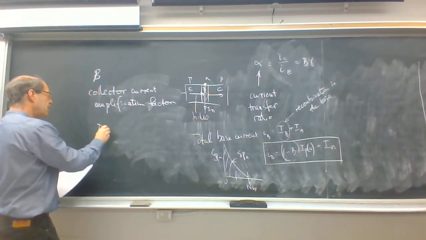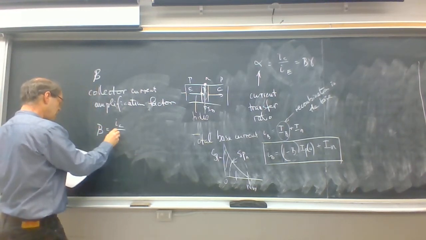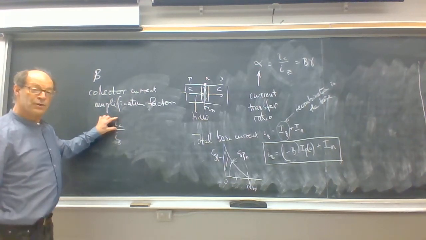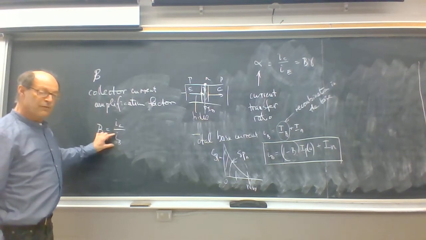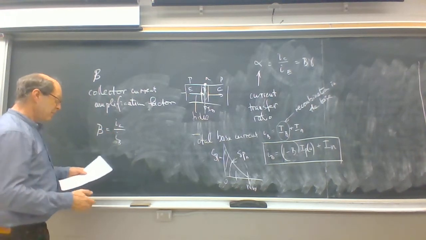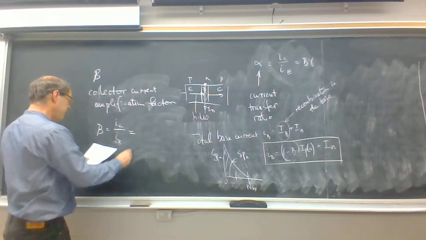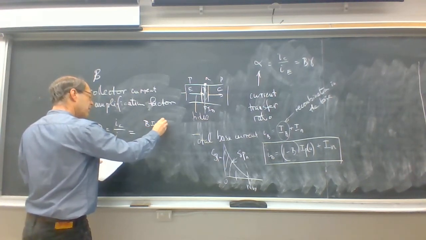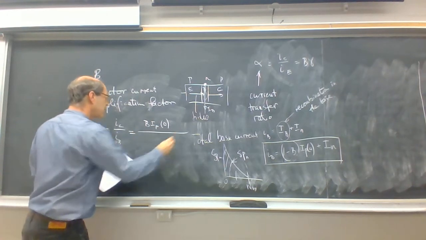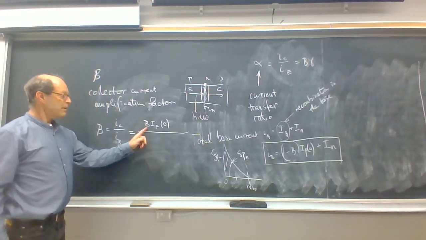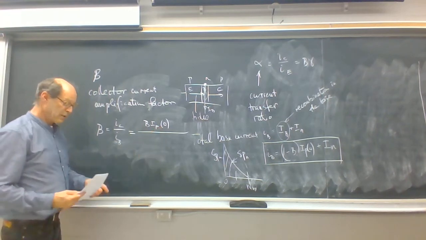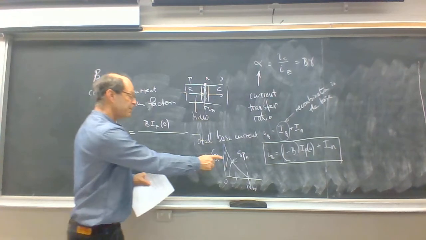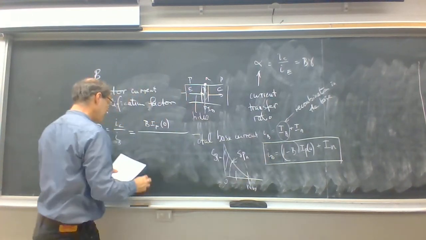And we define beta as I sub C divided by I sub B. So it's the collector current that the transistor can sustain for a given base current. And we can write that as B IP of 0. So the collector current is the base transport factor multiplied by the current entering the base. And we can divide it by IB, which is this expression over here.